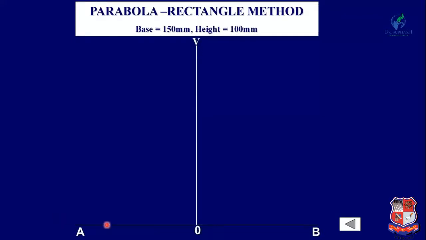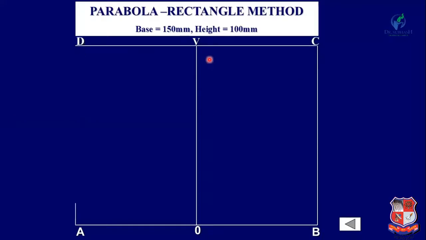Now from the midpoint of AB, this point is O, draw a line equal to 100 mm and perpendicular to AB. Now complete one rectangle ABCD. Here the point B is a vertex.